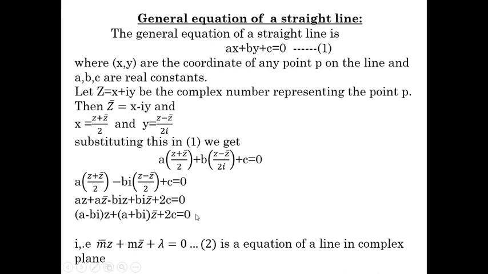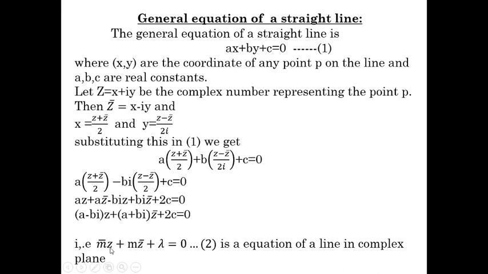We know that z = x + iy and the conjugate is x - iy. Here we see a - bi and a + bi. Therefore consider a + bi as mu, and a - bi as mu bar.